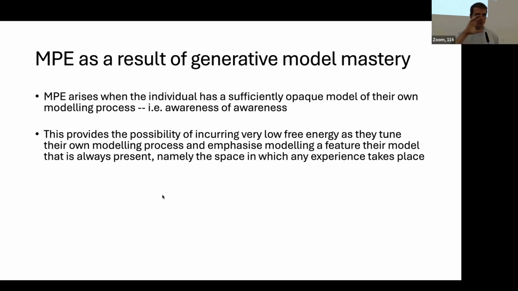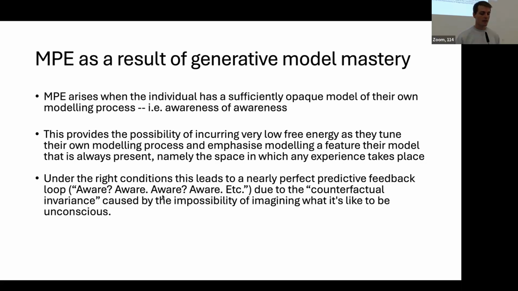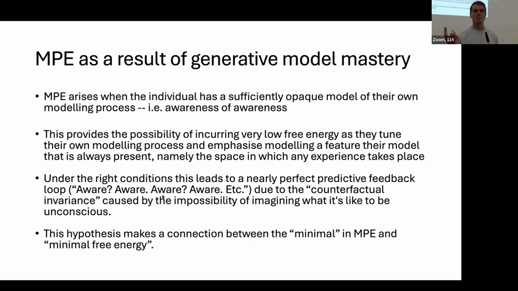And this provides the possibility for tuning and self-tuning the whole free energy minimization process, which can lead them into a place of very low free energy, particularly through this emphasis of becoming aware of something that was always there, the space of awareness, giving this kind of perfect predictive feedback loop. Aware, still aware. And there's this nice phrase from Thomas's counterfactual invariance that captures this feedback loop. And so it connects minimal phenomenal experience to this very specific opportunity for minimal free energy that arises through self-modeling.